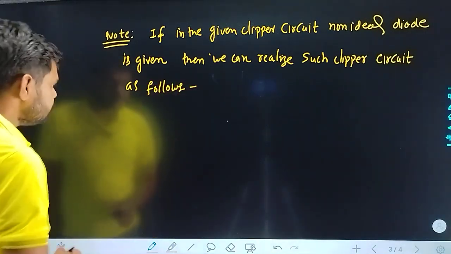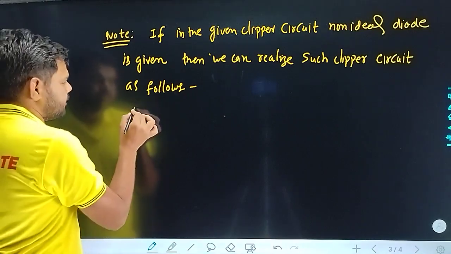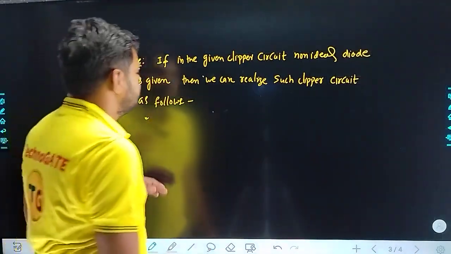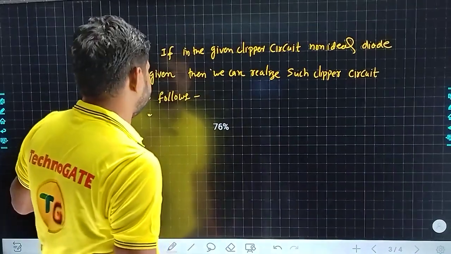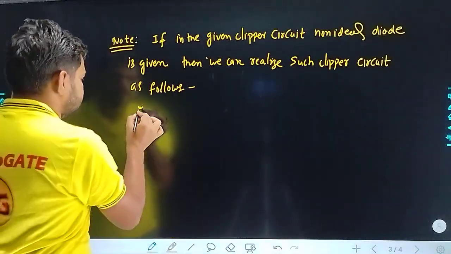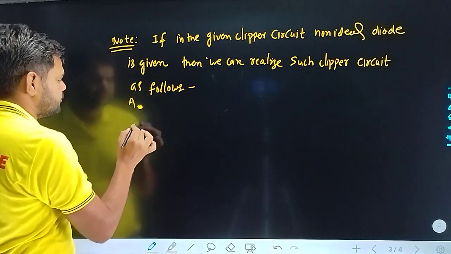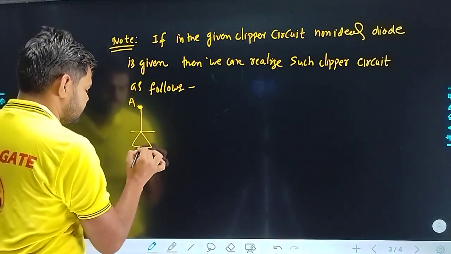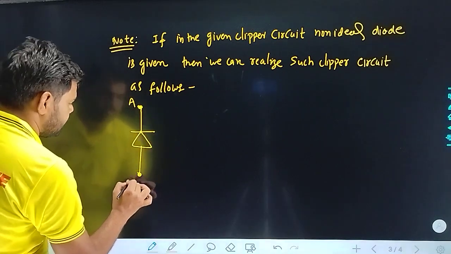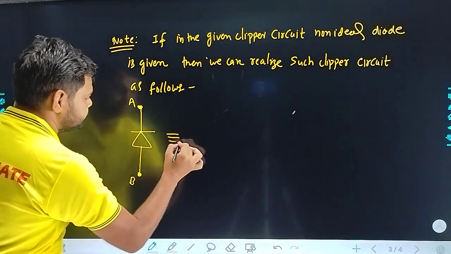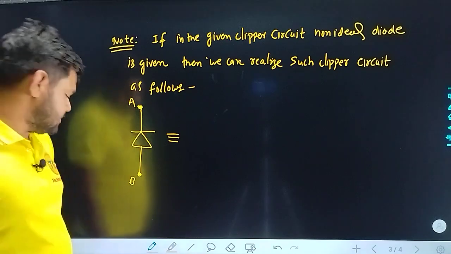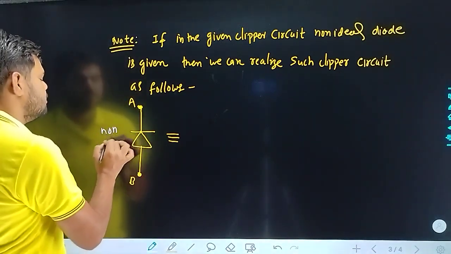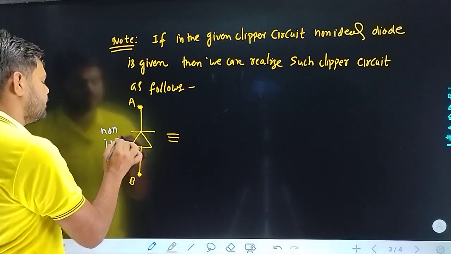See, suppose about the terminals A and B, this is terminal A, this is terminal B, and they have given a diode to you like this about terminals A and B. They have given this non-ideal diode, guys.